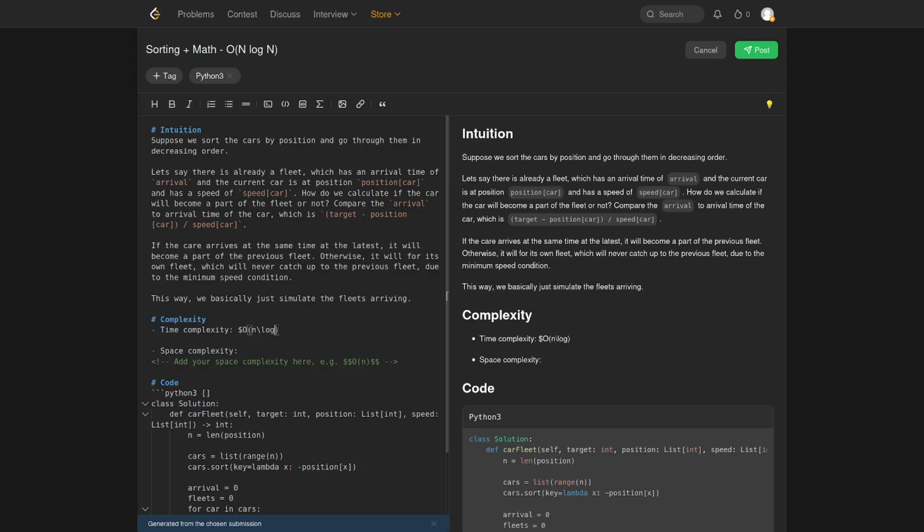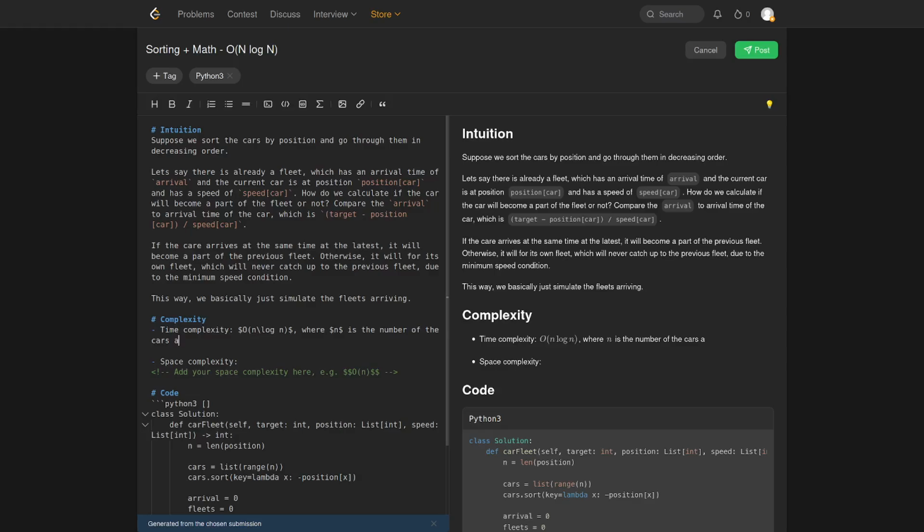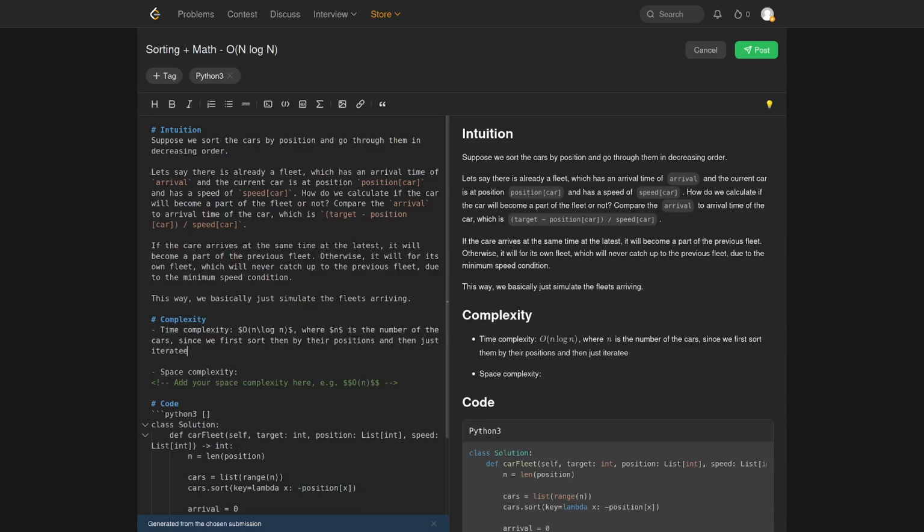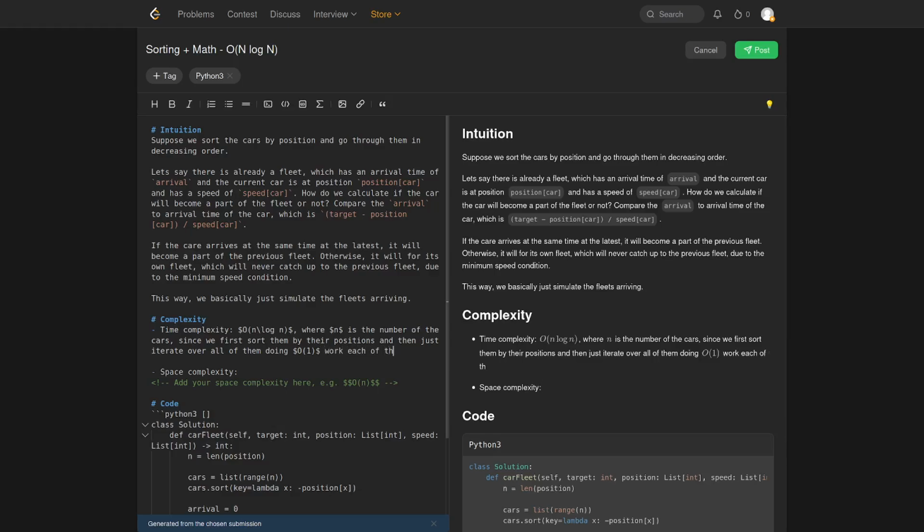The time complexity is O(n log n), since we first sort them by their positions and then just iterate over all of them, doing O(1) work for each of them.